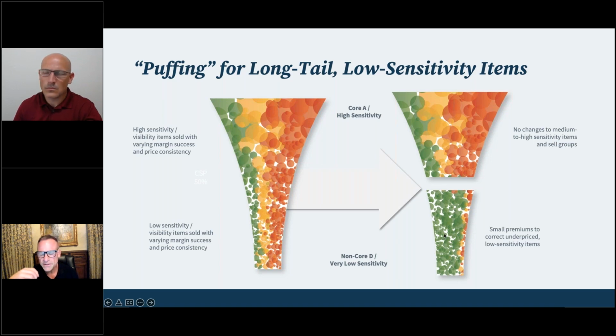That way, when our sales reps put zeros and fives on their margins across the entire market basket, we deliver small premiums on the tail spend. These are typically 3%, 5%, 7%, depending on how sensitive they are and what the unit price would be.